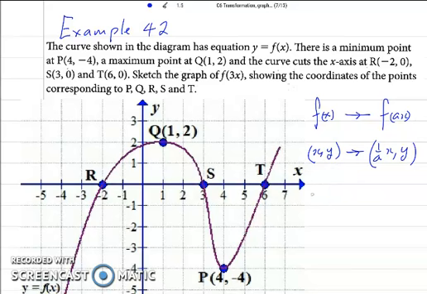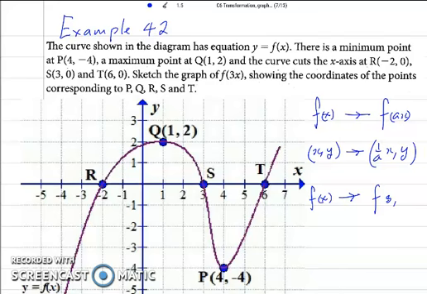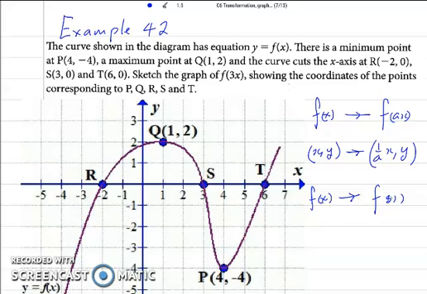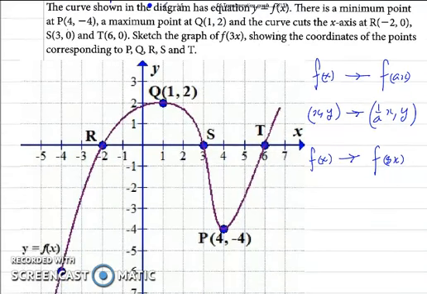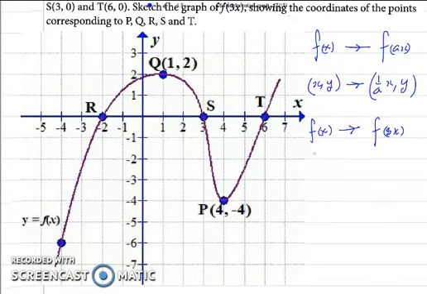If you have f of x and f of 3x, points like R, which is (-2, 0), is going to become (-2/3, 0).